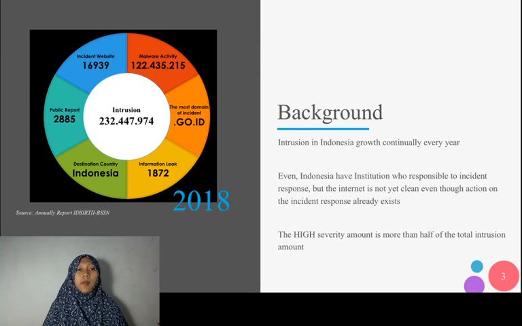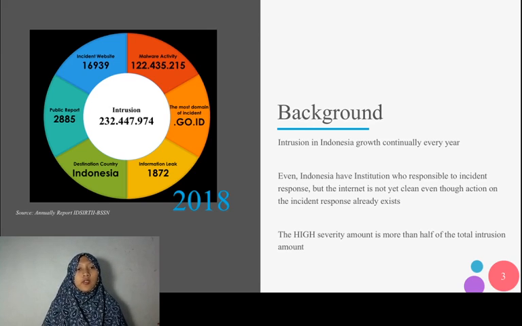And incident websites are more than 16,000, and the most common domain of incident is .go.id. .go.id is the government domain in Indonesia.